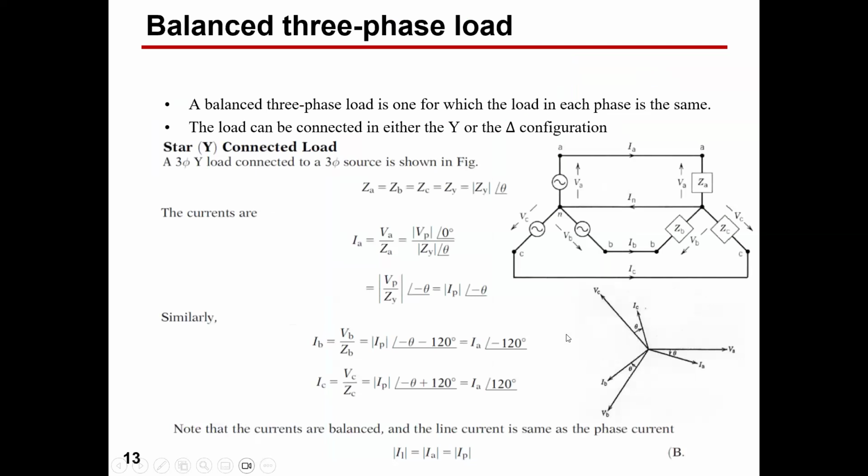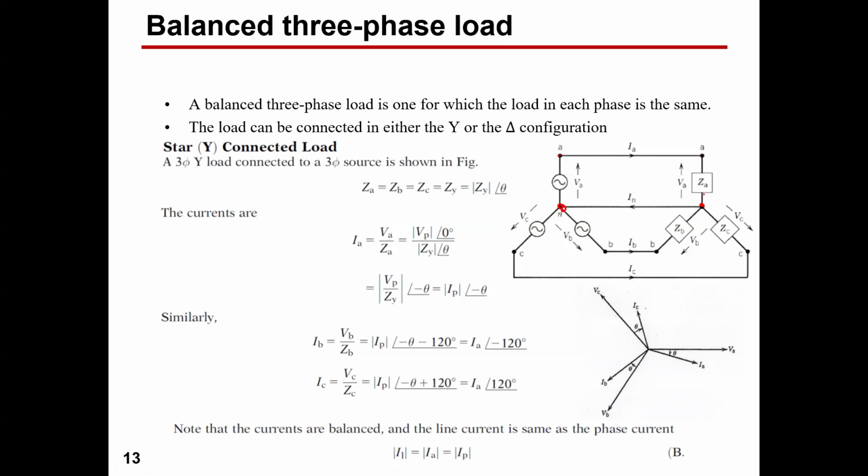Now, guys, if we assume that we have a Y connected supply connected to a Y connected load in a 4-wire system, you can see that phase A of the supply is connected to phase A of the load, phase B and C are the same, and the neutral point is connected as well. Looking at the current values, since this point and that point are the same, this means VA is connected in parallel with the load ZA.